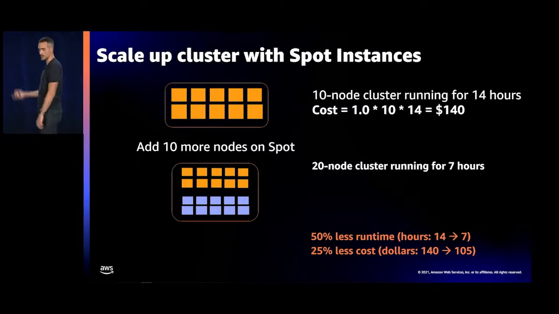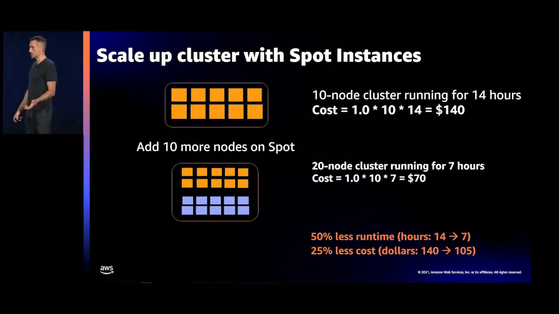Let's take this concrete example. Imagine you have a 10-node cluster running for 14 hours with a unit cost of $1 per hour per node. That's a total cost of $140. You can scale and add just 10 more nodes. That will reduce the runtime to 7 hours.